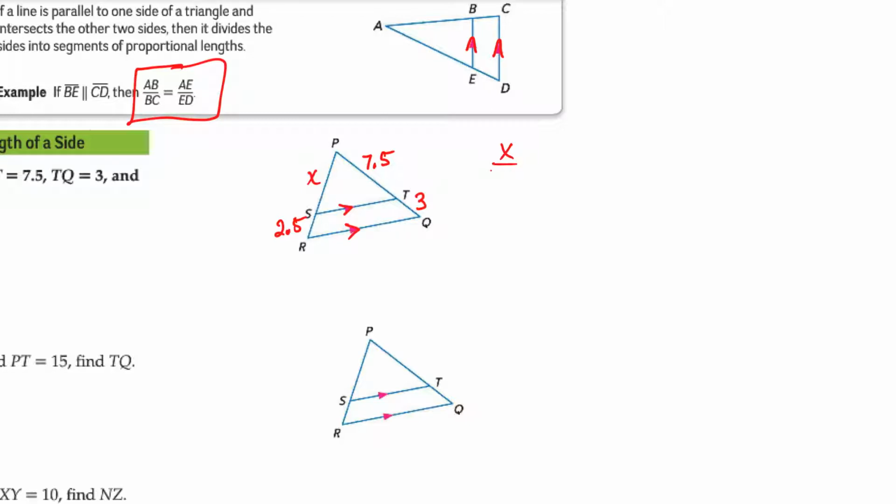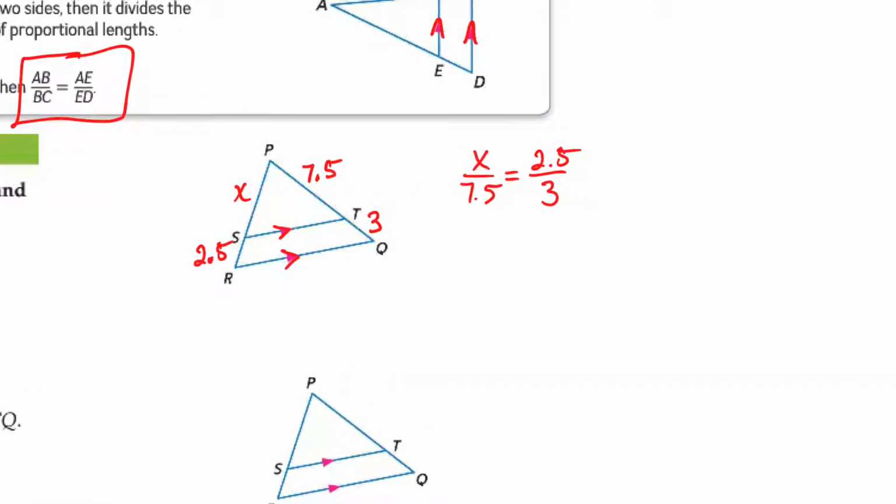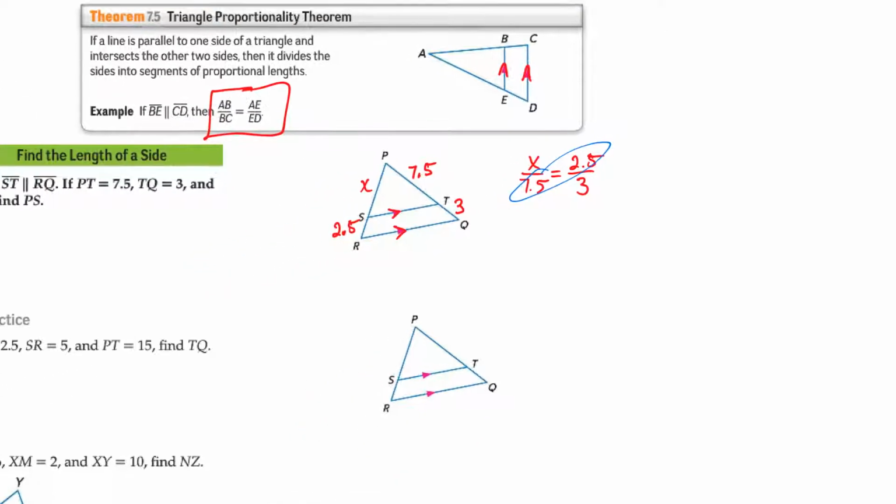So X is to 7.5 as 2.5 is to 3. 7.5 times 2.5 is 18.75.